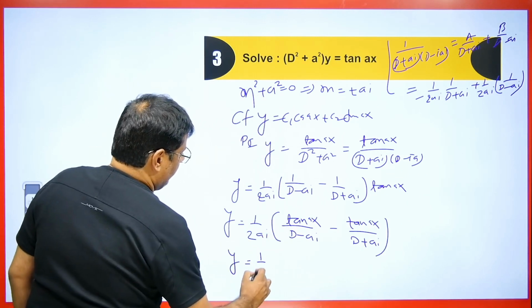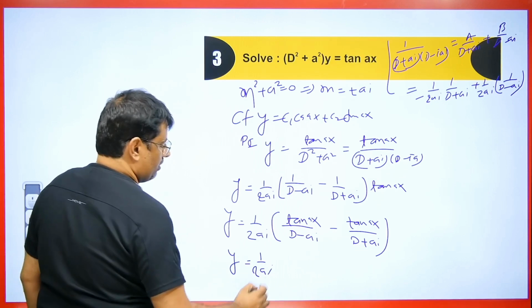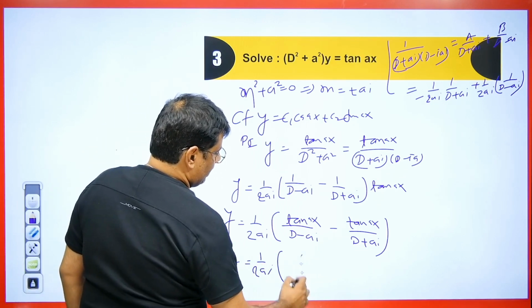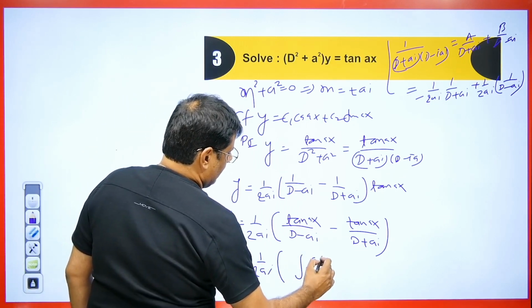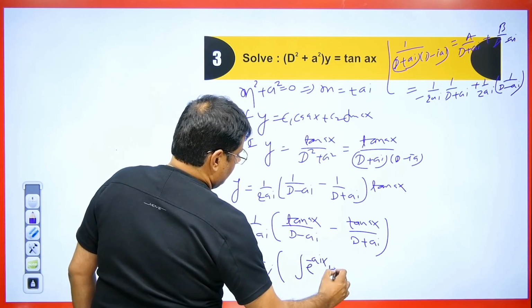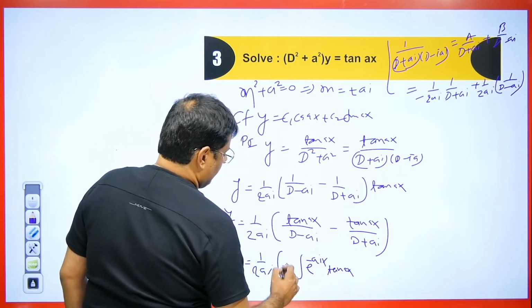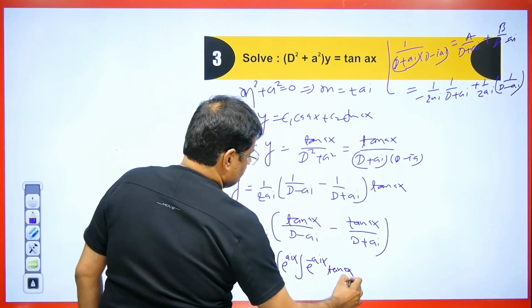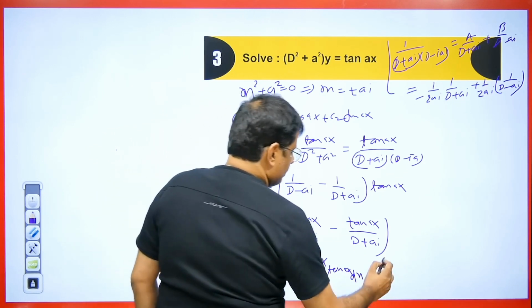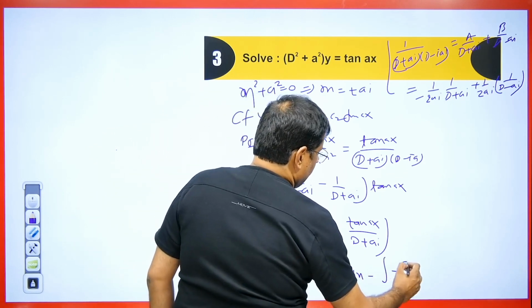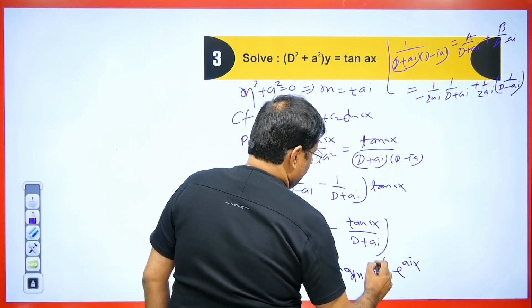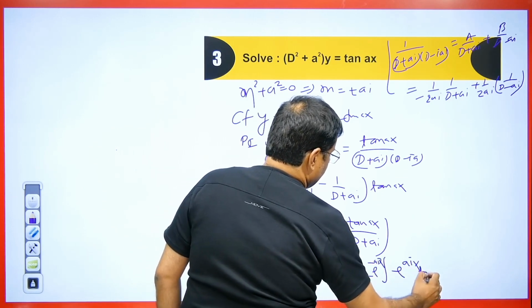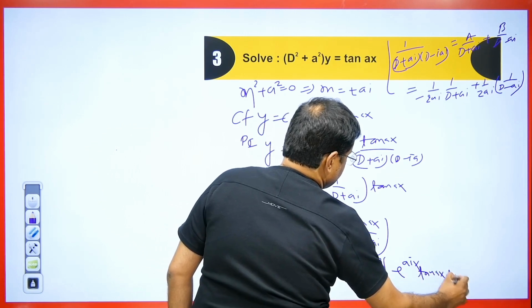So I'm explaining one here and you have to do the second one similarly. This is 2a iota, and here we get e to the power minus a iota x. And here we get tan ax, and further we get e to the power a iota x and dx, and then minus. And doing it here gives us e to the power a iota x, and we get its opposite, minus a iota x. Then here we will be getting tan ax dx, right?